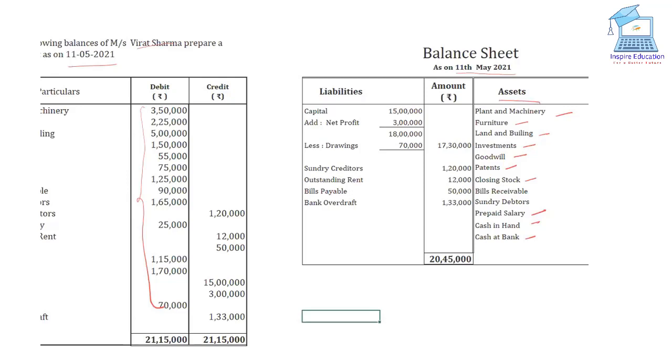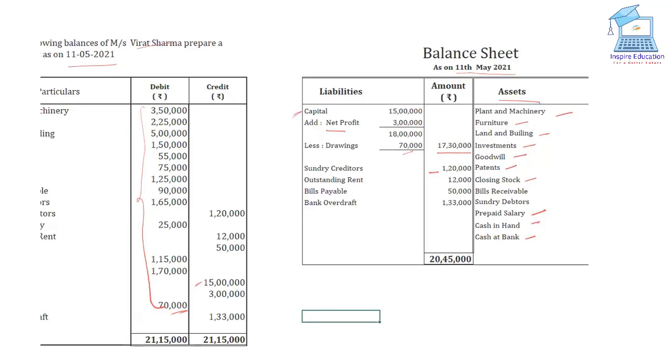And then in the liability side, what are the items? First item is capital. Capital is 15 lakhs. And there is net profit of 3 lakhs. We'll add that amount. And then there are drawings of rupees 70,000. We'll deduct that amount. Total 17 lakhs 30,000 is net capital. After that, sundry creditors 1,20,000.